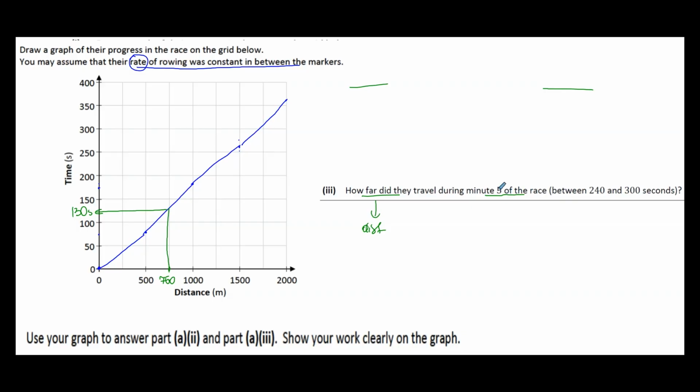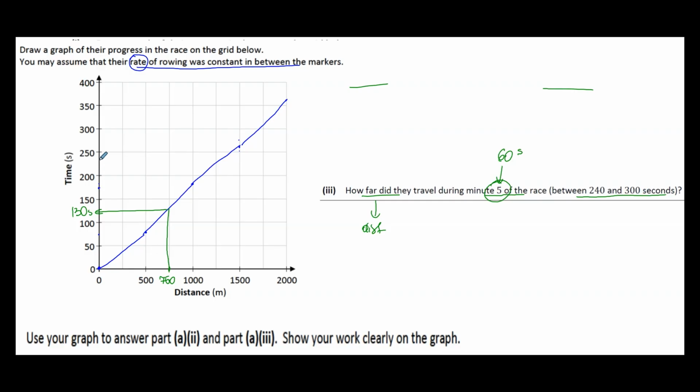Minute 5 lasted 60 seconds. That's what they mean. But they are very good because what they mean is between 240 and 300 seconds. So these are the two values we need to find.